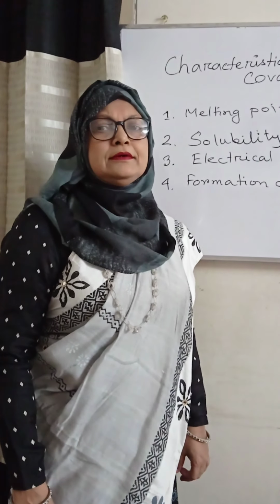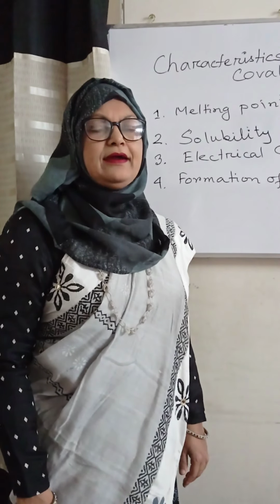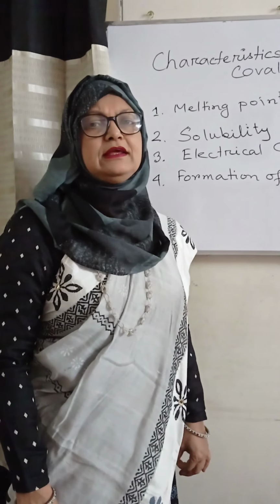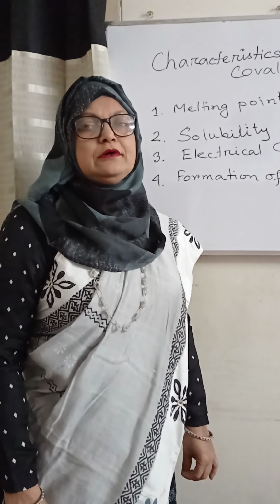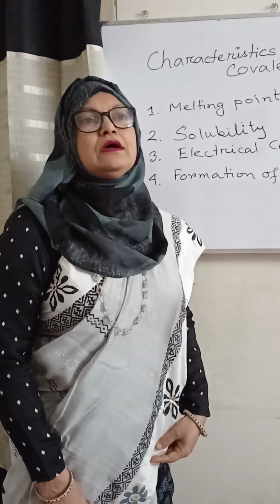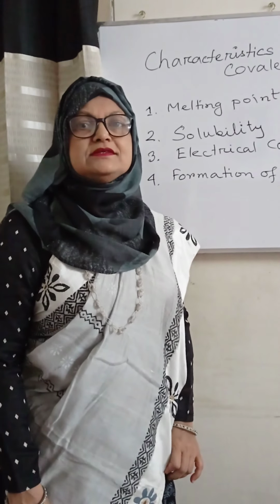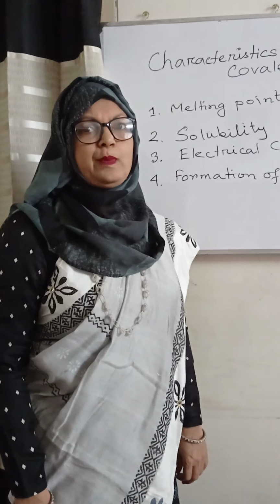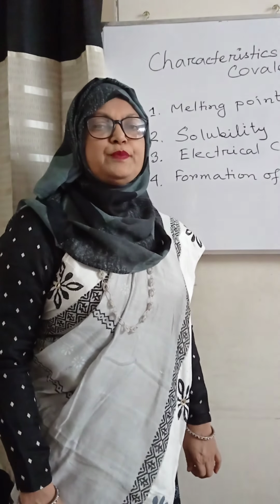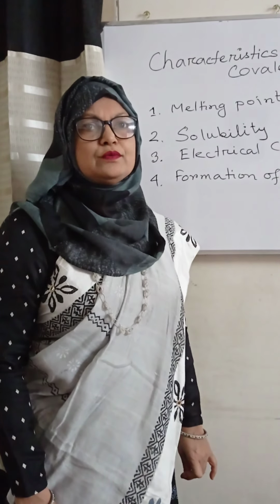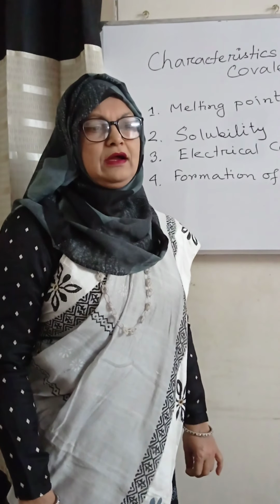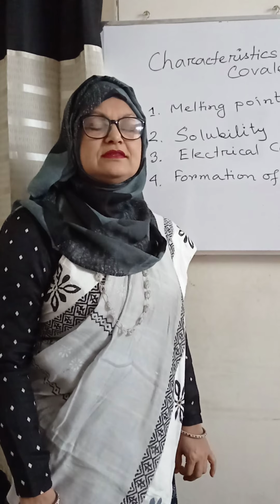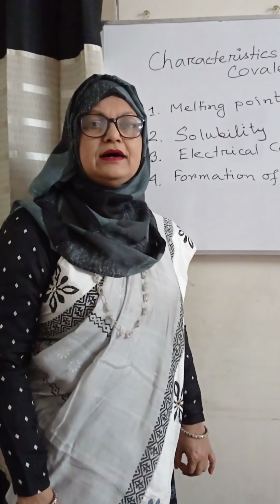Now, the boiling point and melting point of ionic compounds are higher than the covalent compounds because ionic bond contains positive ions and negative ions. Many such positive and negative ions are arranged in a three-dimensional way to form a crystal.